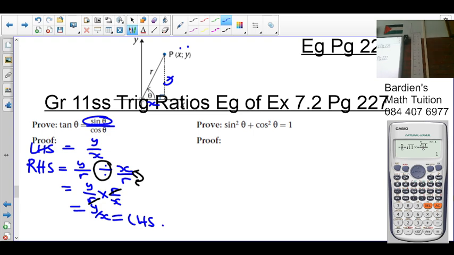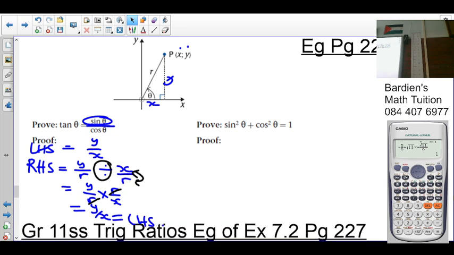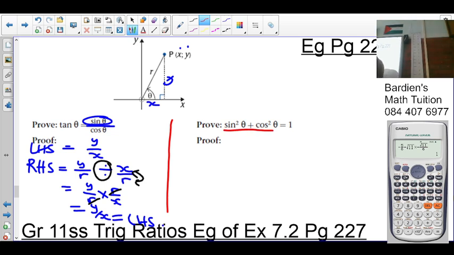Right, let's look at the other fundamental identity, the square identity. Let's go to the left hand side. Sine theta is opposite over hypotenuse, so that will be y over r, squared, plus cos.